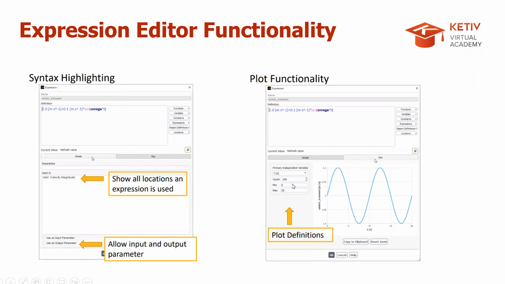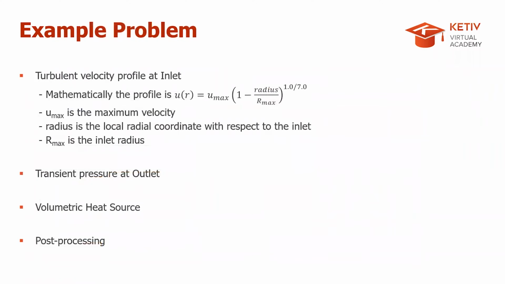So you also have the option inside the expression editor to assign a minimum and maximum value. And based on the mathematical function you've entered, it's going to plot it for you. So this could be a good gut check to make sure that you've assigned things correctly. Okay. All right.